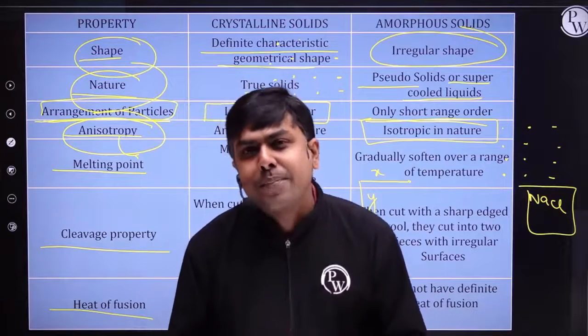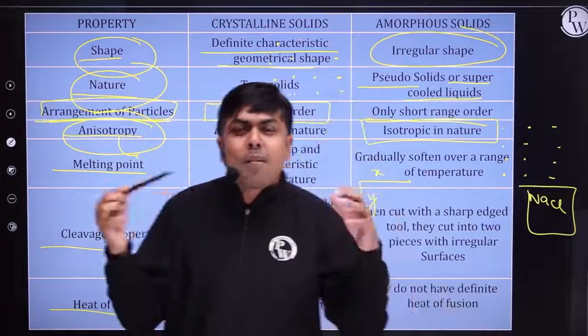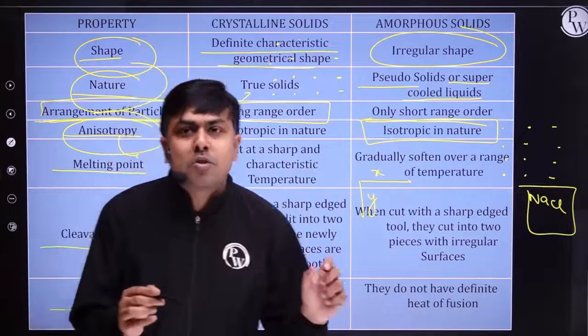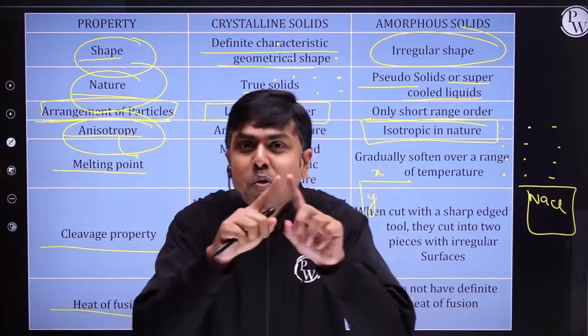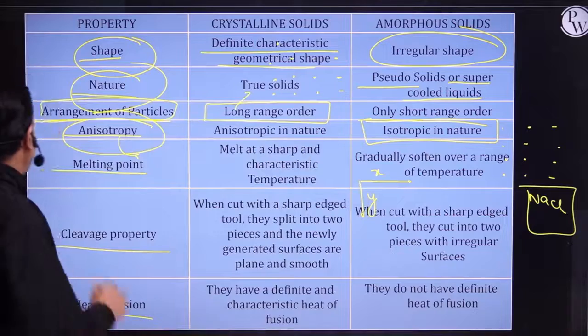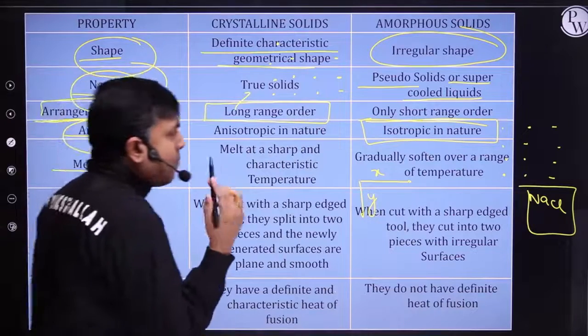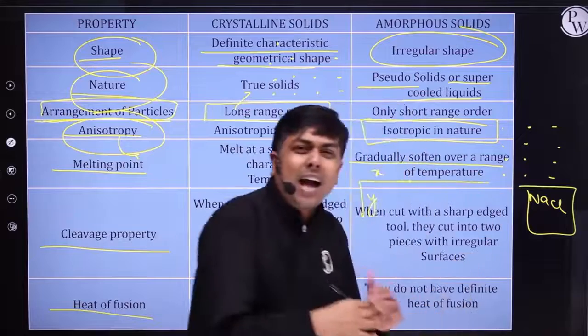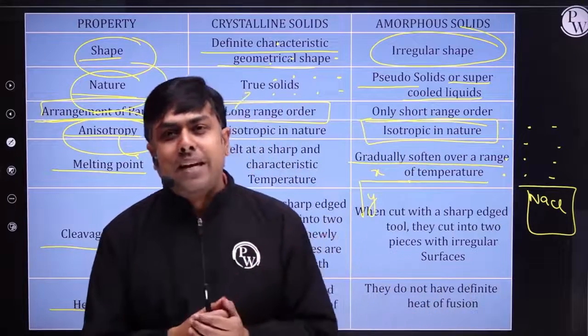What's the reason behind it? Because in amorphous solids, the bond energy between two constituent atoms is not the same throughout the structure, right? So as we provide heat, the amorphous solid gradually softens over a range of temperature and then starts melting. Am I clear?